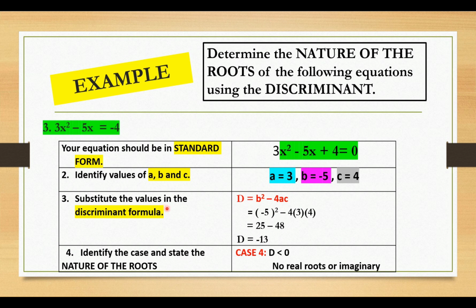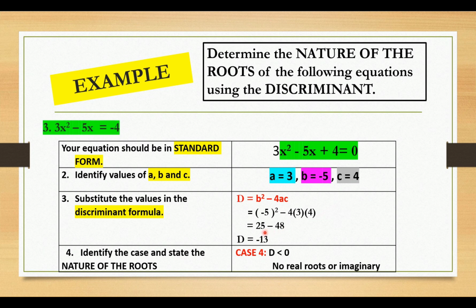And step 3, substitute the values in the discriminant formula. Again, D is equal to b squared minus 4ac. By substituting, b squared will become negative 5 squared minus 4 times a, which is 3, and c, which is 4.